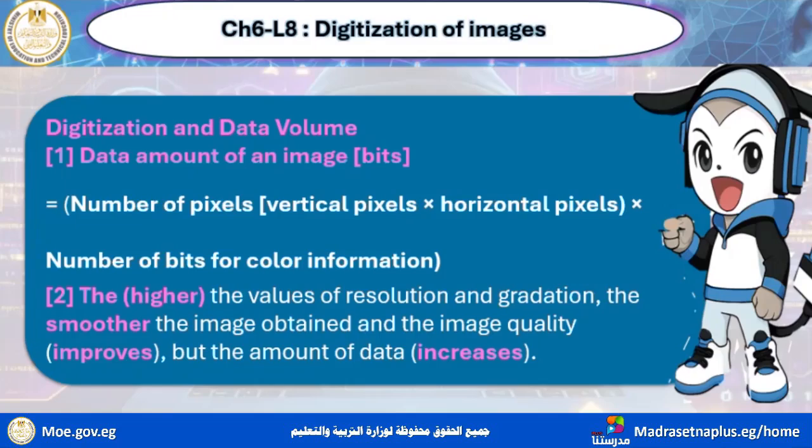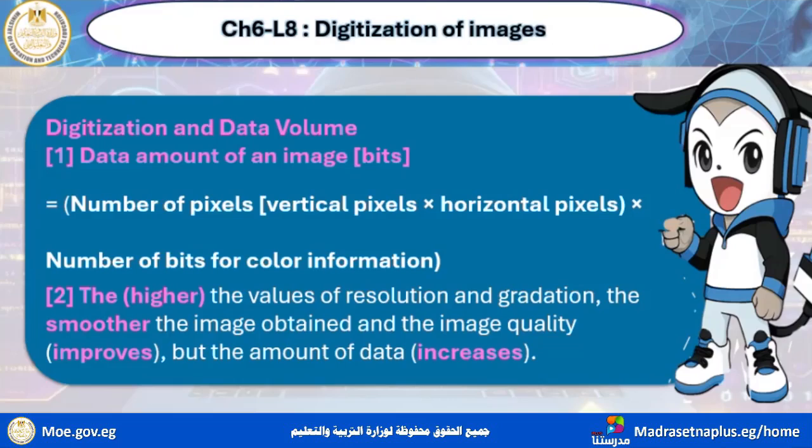The smoother the image means that the image is not sharp and has many details, so it has many colors. An image of this classification will be a high quality image.